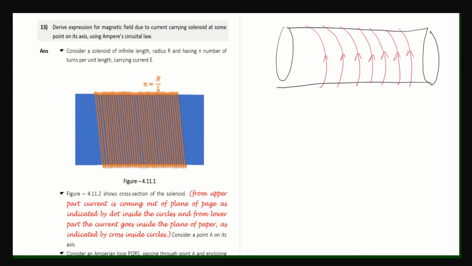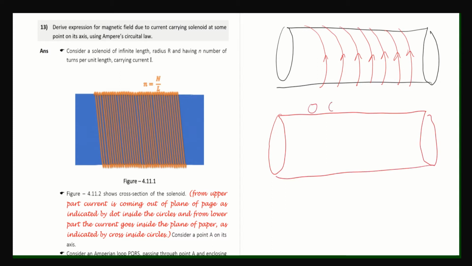If I don't want to indicate these wires, then the other way of showing the current carrying wires is by circles. For each current going inside, I will put a cross here, and here I will put a dot, because current is coming out from the bottom part of the wire.